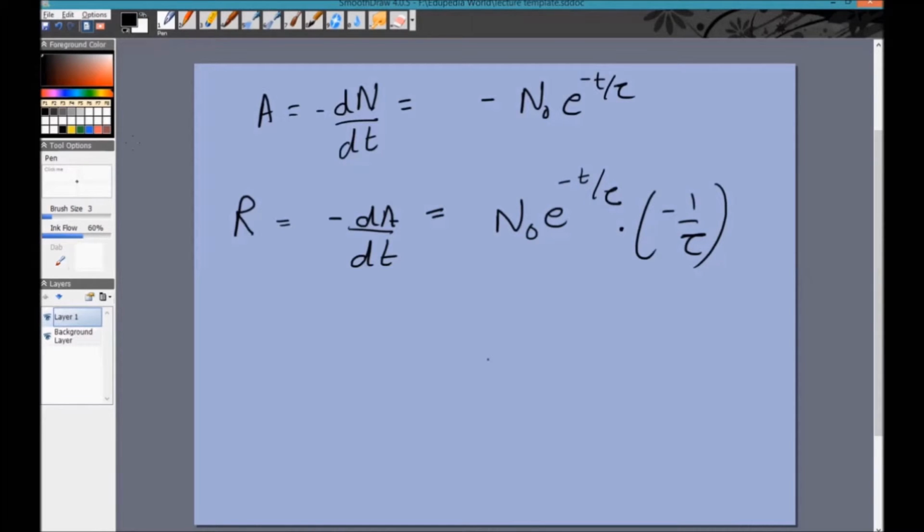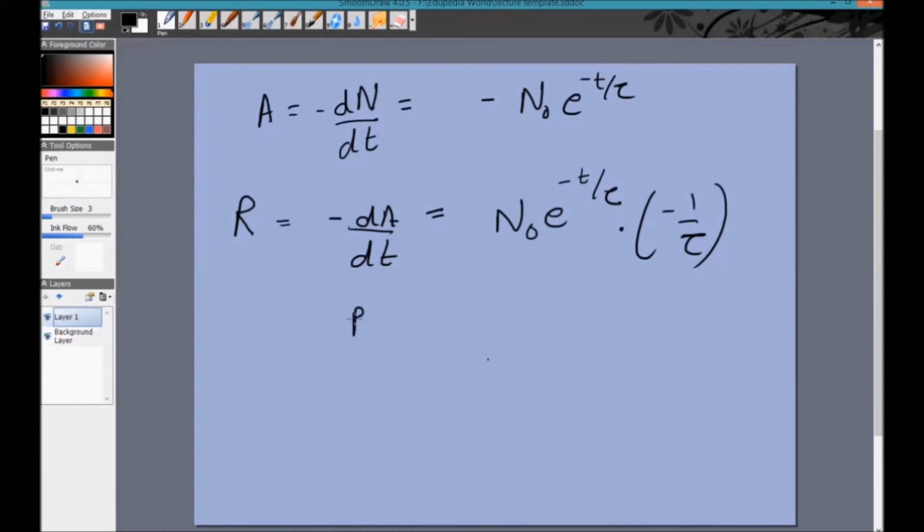Now we are given that their activity is the same at t is equal to 0. At t is equal to 0, the activity is N naught. So N naught is the same for both of them, and we want the ratio of R at t is equal to 2 tau. So for one of them the average lifetime is tau, the other one the average lifetime is 2 tau.